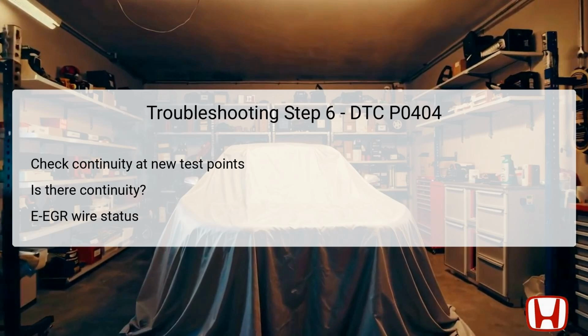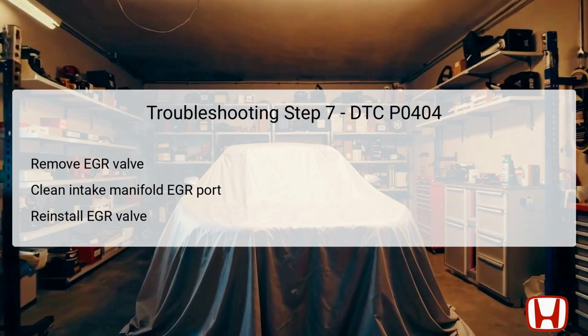In Step 7, attention turns to refreshing the EGR system's functionality by thoroughly cleaning necessary components. Begin by removing the EGR valve from its mounted position, allowing access to the intake manifold EGR port, which can accumulate deposits and carbon buildup over time.